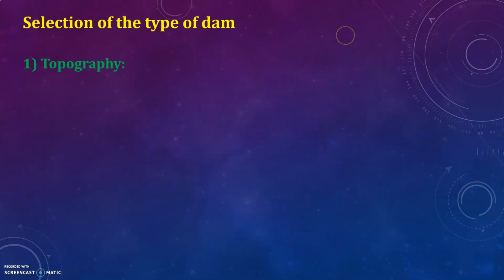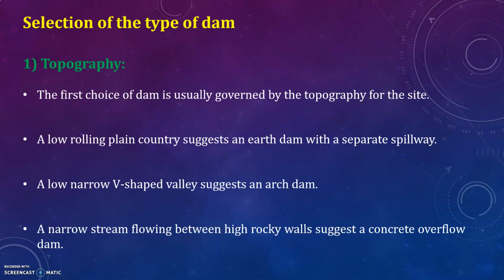The first one is topography. The first choice of dam is usually governed by the topography for the site. A low rolling plains country suggests an earth dam with a separate spillway. A low, narrow, V-shaped valley suggests an arch dam, provided the top width of valley is less than 1/4 of its height and separate site for spillway is available.